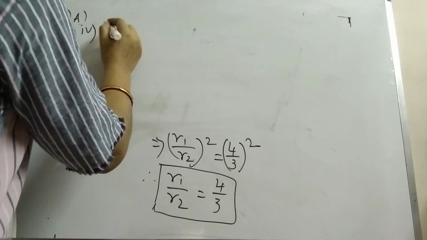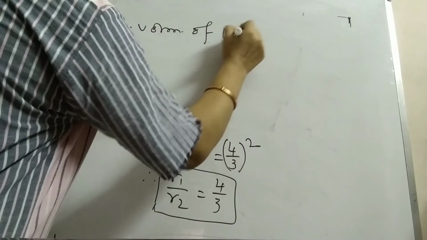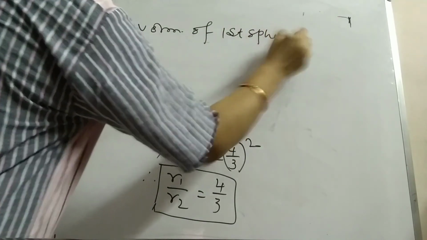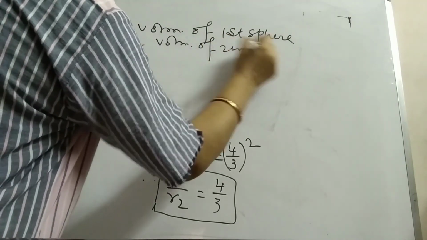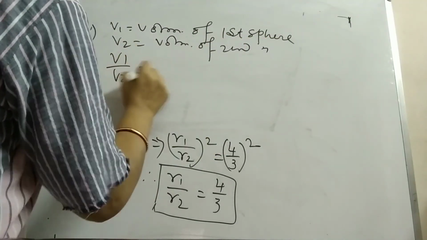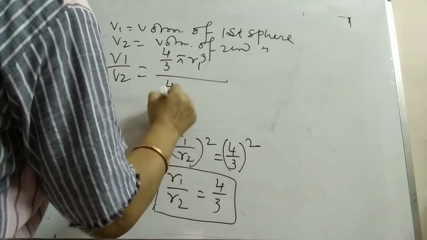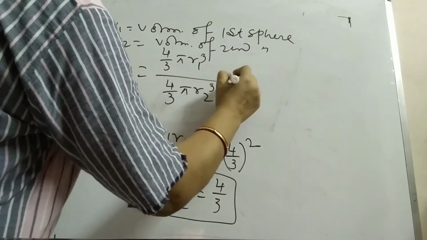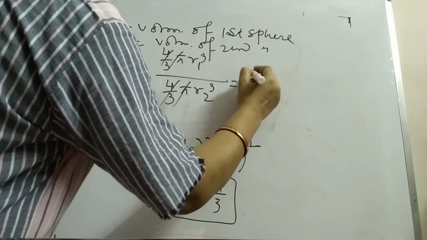And V1 equal to the volume of the first sphere and V2 equal to the volume of the second sphere. That is V1 by V2 equal to 4 by 3 pi R1 cube by 4 by 3 pi R2 cube. 4 by 3 pi cancels out.